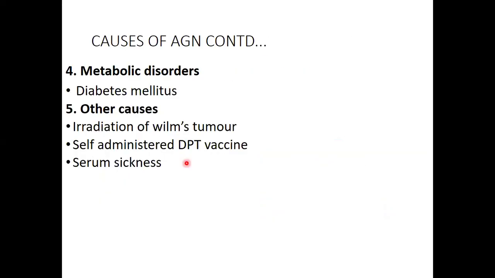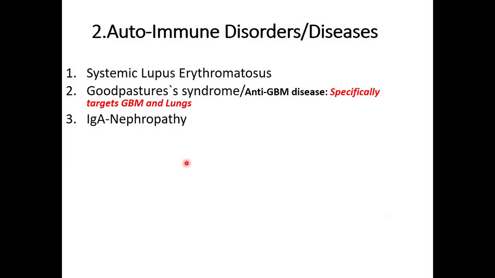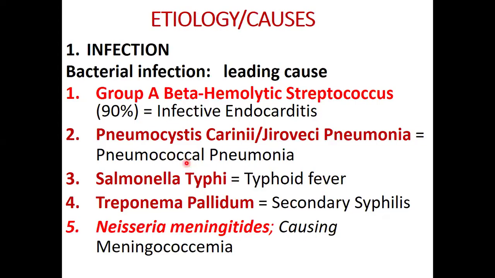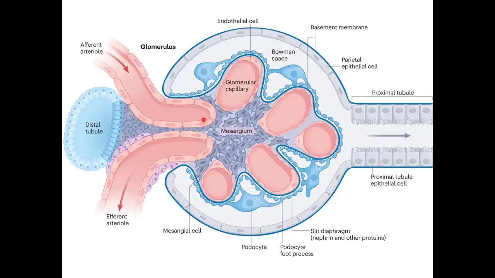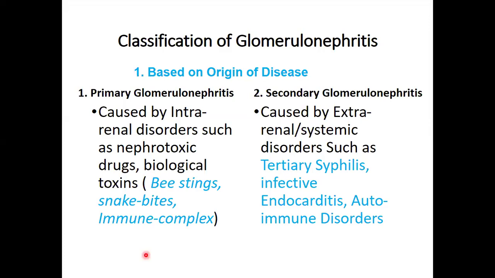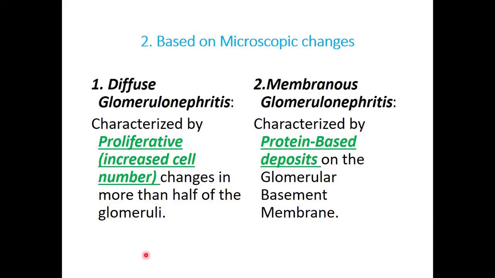You find that there's hyperplasia. The number of cells are increasing in that space. So that is called diffuse glomerulonephritis, and it's affecting the majority of the glomeruli. It's not just one glomerulus affected, multiple glomeruli in the cortex are affected.